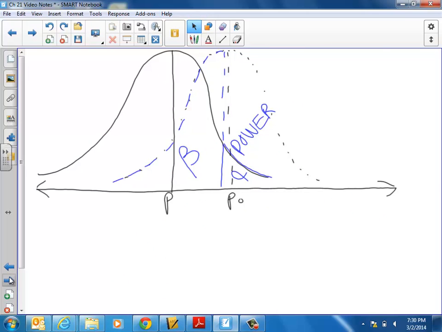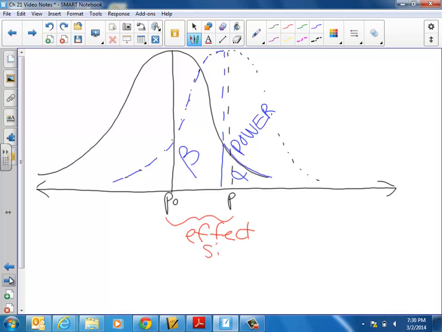But the difference is that P and P naught, oops, my label goes wrong. This should be, let me correct that real quick. This should be P naught. The difference is the difference between P naught and P, the effect size, has decreased.